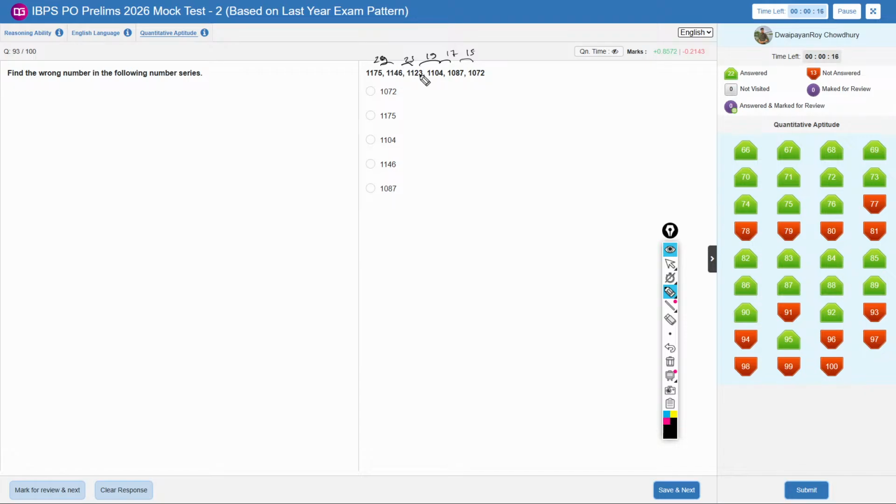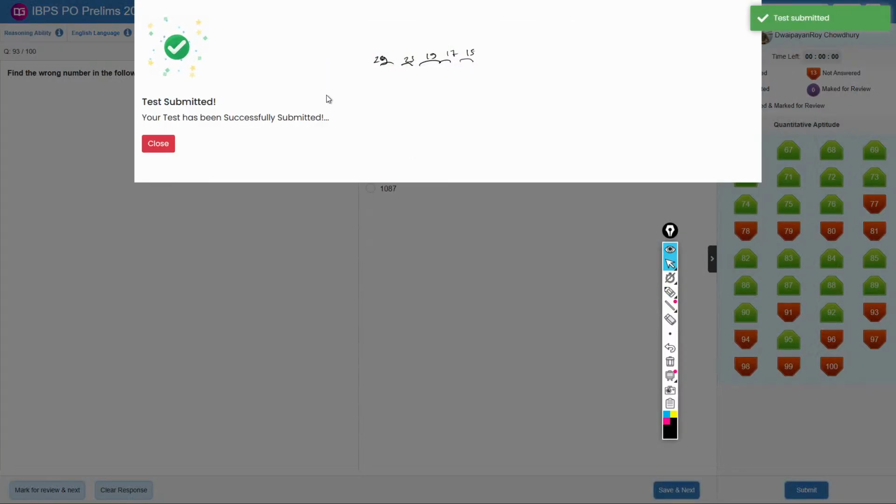How can this be 23? Yes, this is 23. And this is 29, 23, then 19, 17. Okay, prime numbers. I think all of them are prime numbers, in decreasing order. So it was supposed to be not 15, but 13.